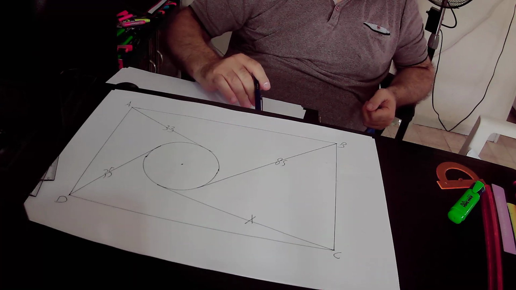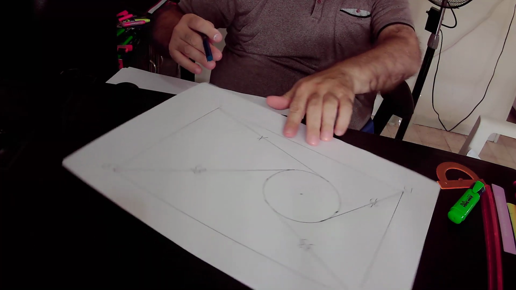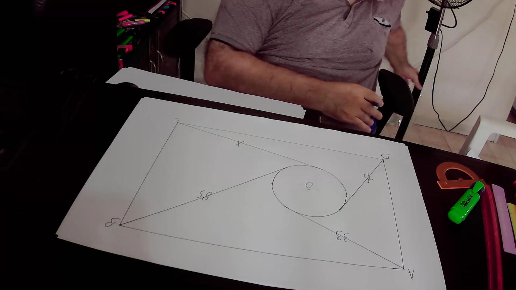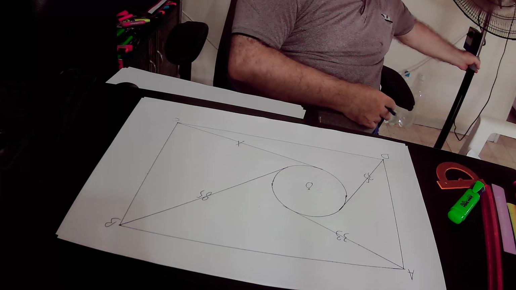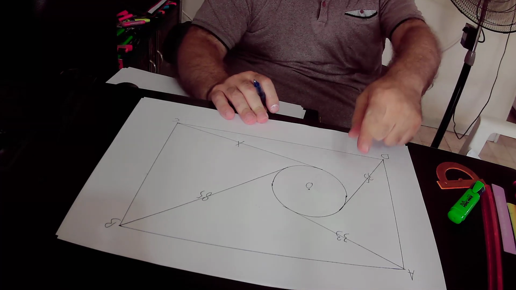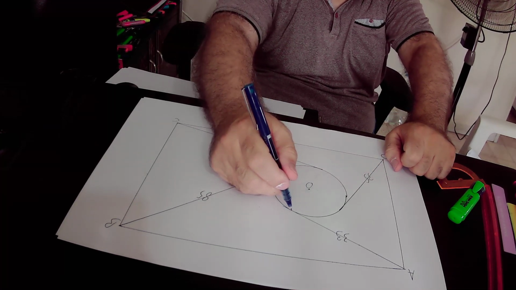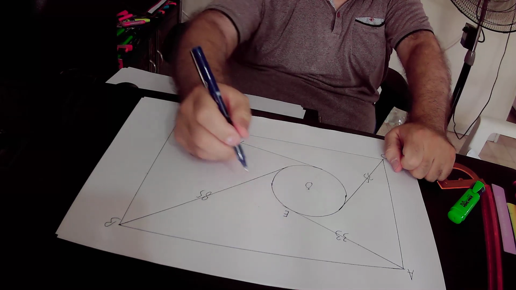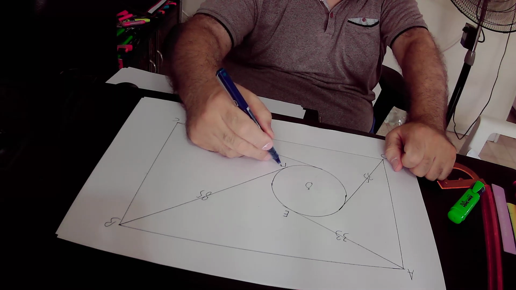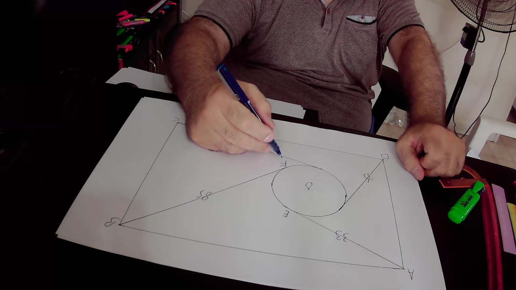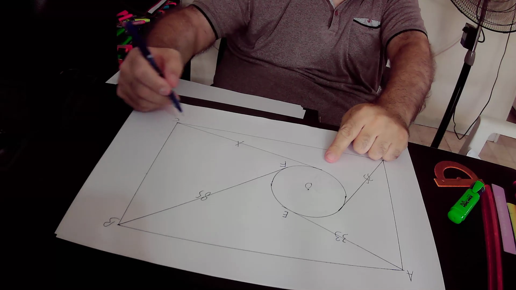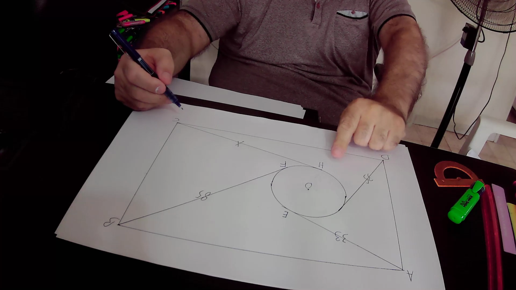Okay. So first of all, we will define the center of this circle as O. We will define the point of tangency of the tangent from point A to this circle as point E. We define the point of tangency of the tangent from point B to this circle as point F. We will define the point of tangency of the tangent from point C to this circle as H. That's actually the tangent that we are looking for.